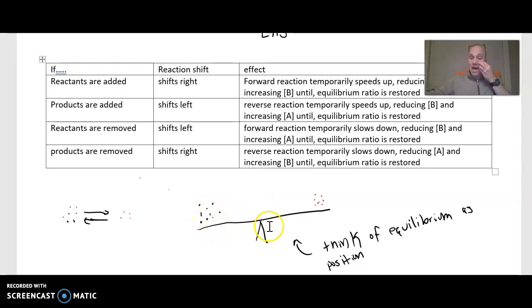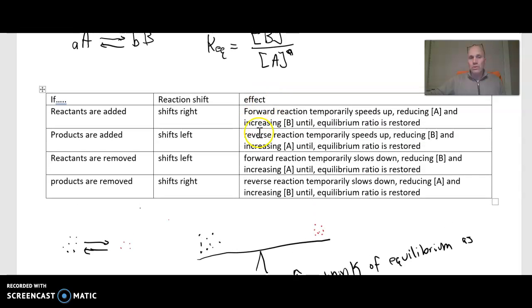So how do we move things around to get back to this equilibrium position? Well, if we add some stuff over here, the way that we're going to get back to equilibrium is by temporarily turning some of this stuff over here into this stuff over here. So we're going to have the forward reaction temporarily speed up. So this one going from black to red temporarily speeds up.